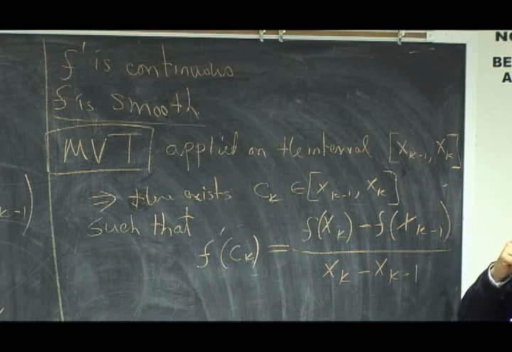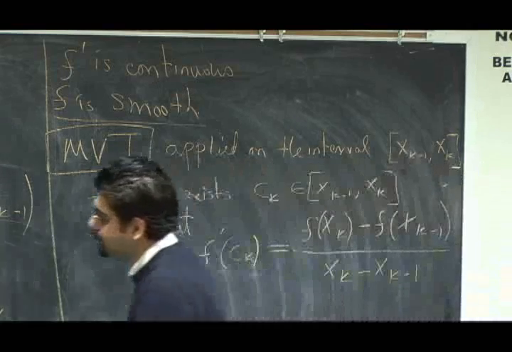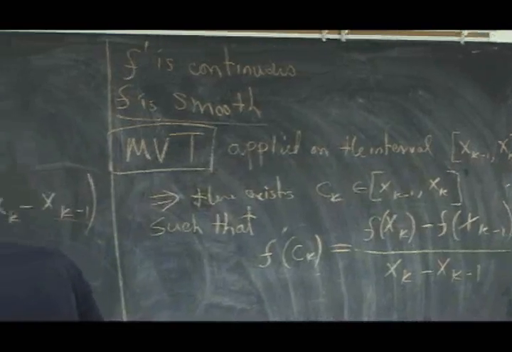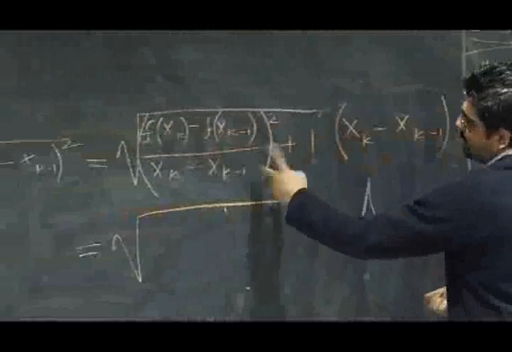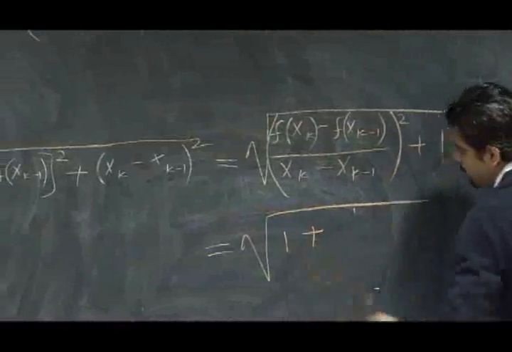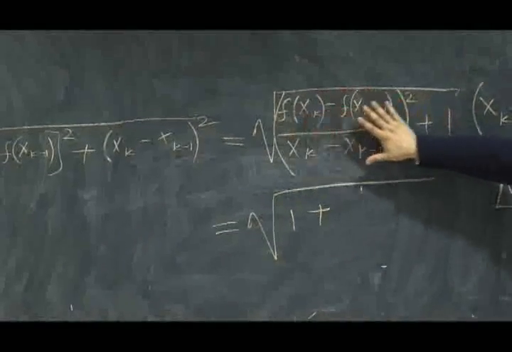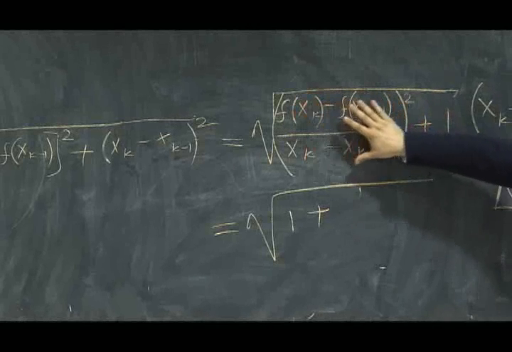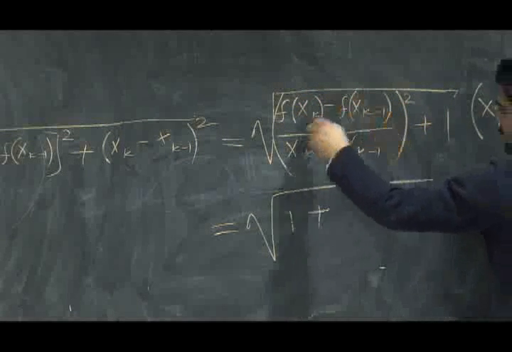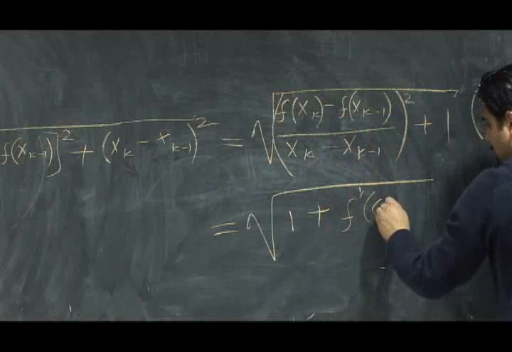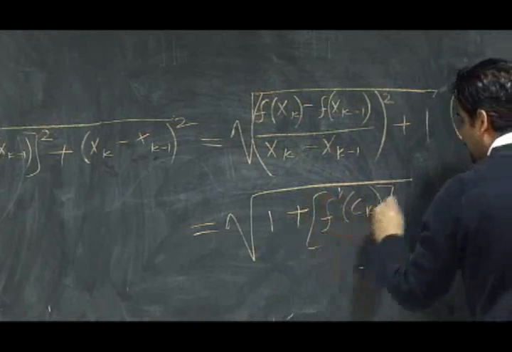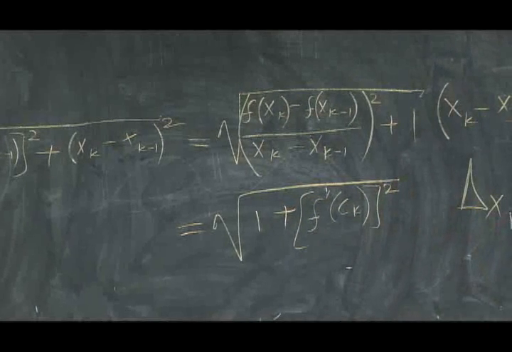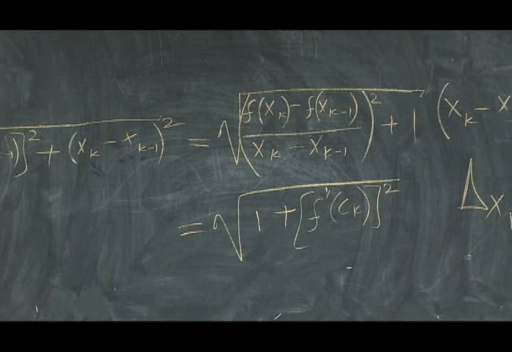Okay. So now going back here, it equals the square root, and I'll write this the other way, so I'll write 1 plus, within this parentheses, I know that there is a value of c k, so that this is basically f prime of c k squared. Right? Does that make sense?